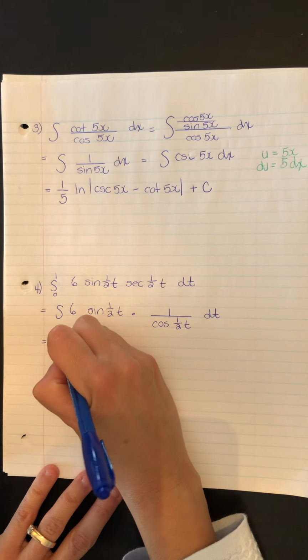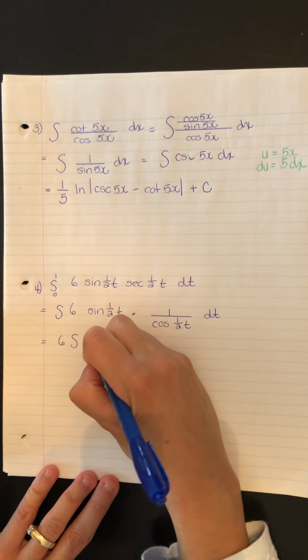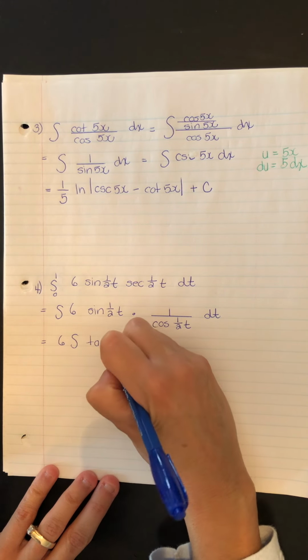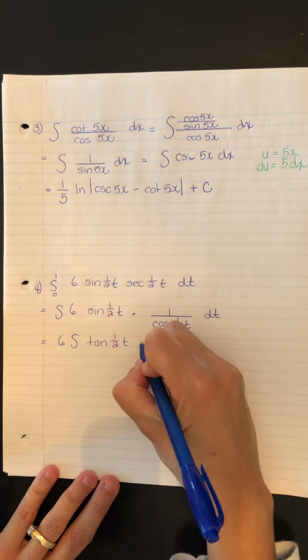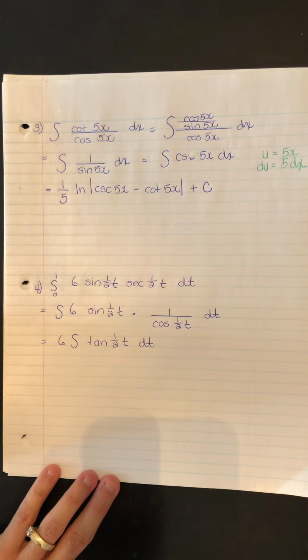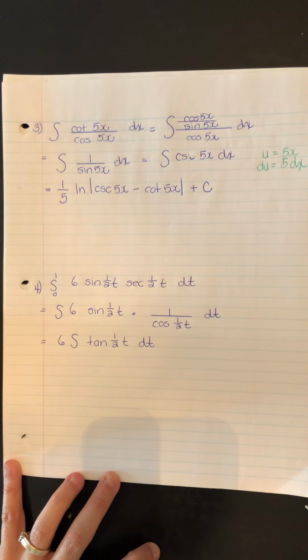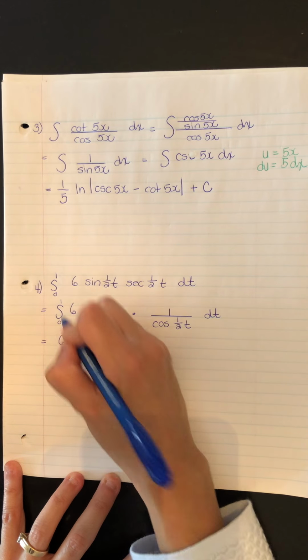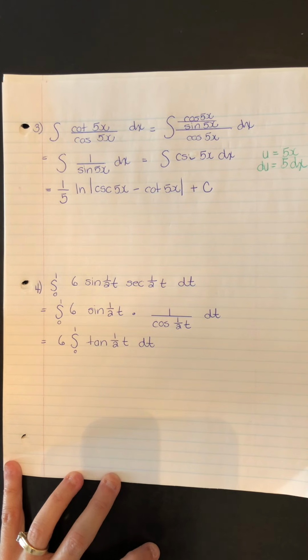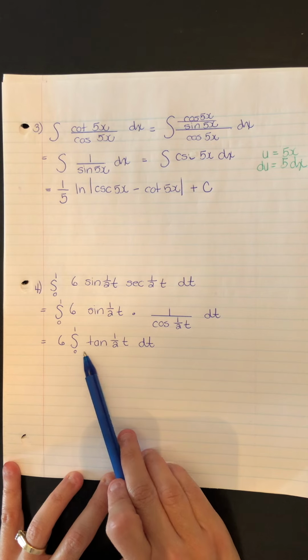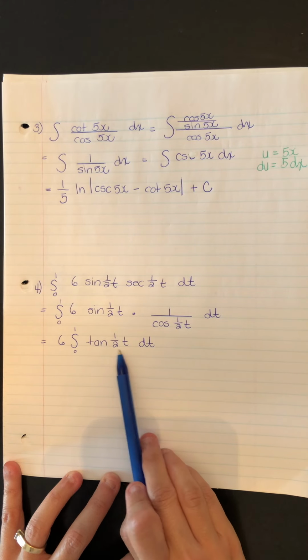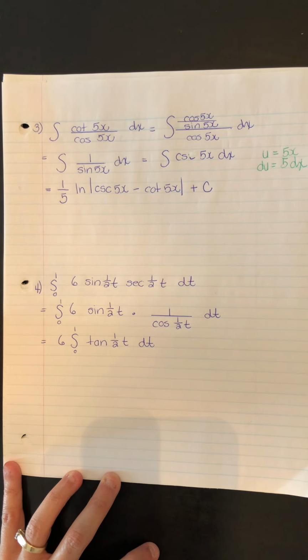So now we have 6 times the integral of the tangent of 1/2 t with respect to t. This is a definite integral, by the way. The first example that we're doing, that's a definite integral. So what we need to do is find the integral of tangent 1/2 t.